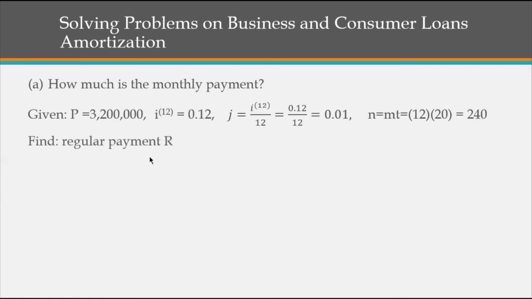Okay? So, regular payment, yun din yung letter R, or yung monthly payment. Siyempre, gagamitin natin yung formula ng present value kasi meron tayong R. Again, manipulation lang ito. Ma-manipulate mo lang yung formula ng present value.